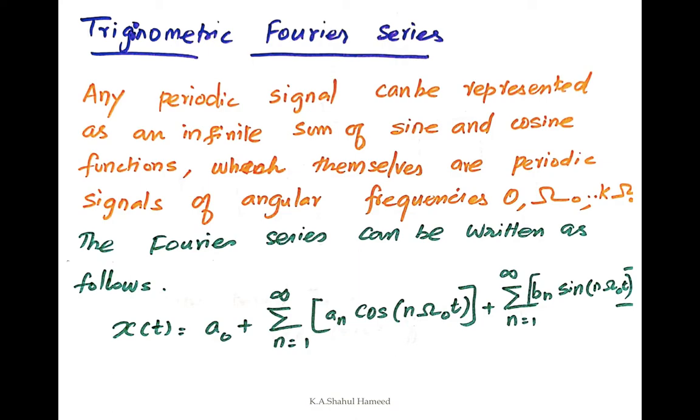x of t is equal to a naught plus summation n is equal to 1 to infinity a n cos n omega naught t plus summation n is equal to 1 to infinity b n sin n omega naught t.